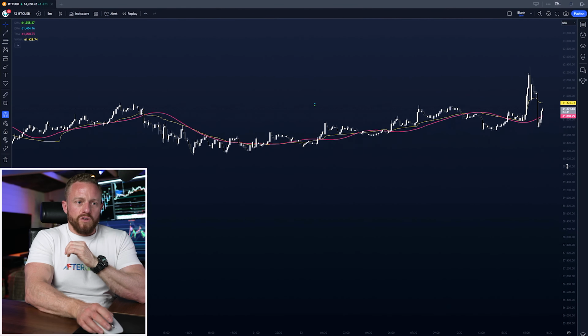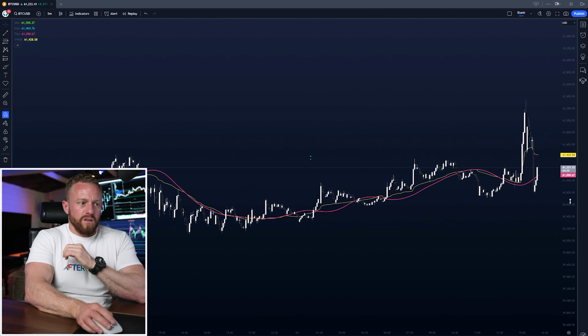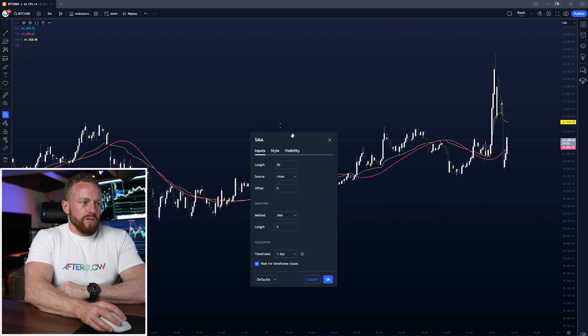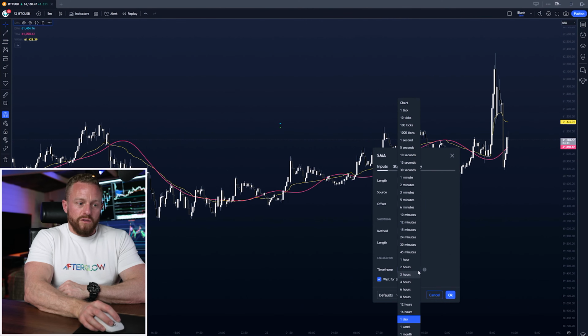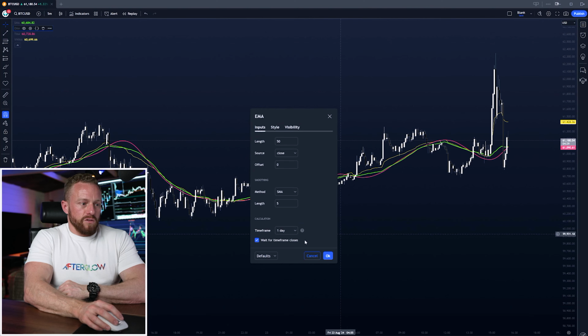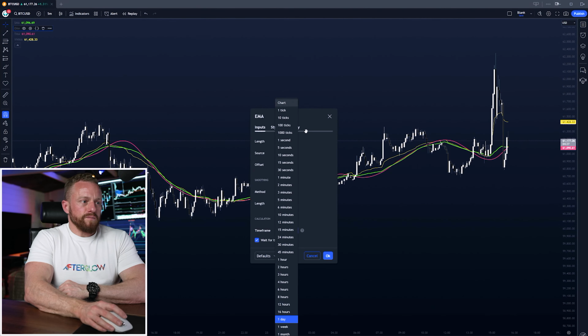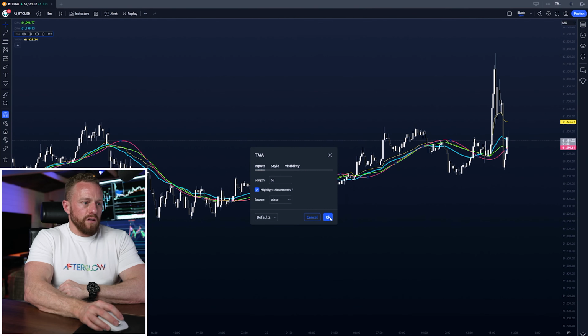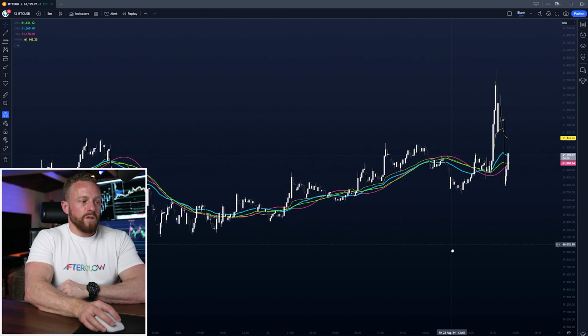If I adjust the settings here on all these moving averages, you have to check that you're on the same time frame as the chart being displayed. So you just go into the menu, click chart for each of these, and the last two are already on the chart mode.